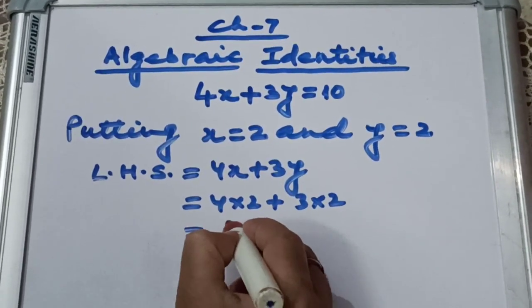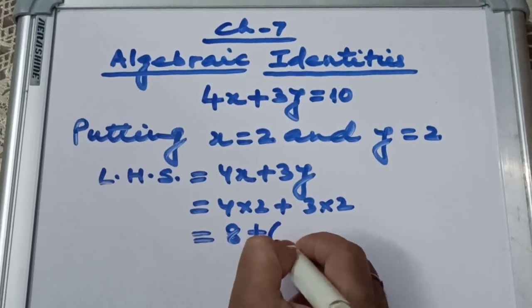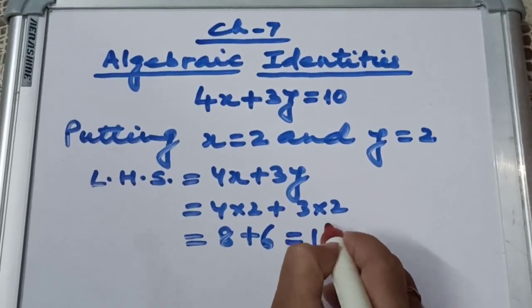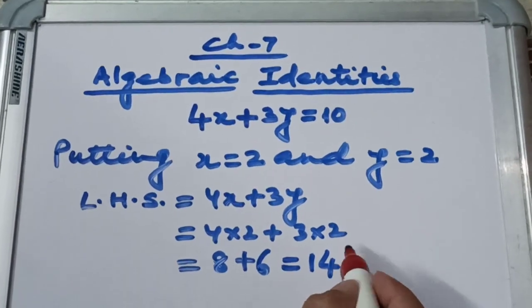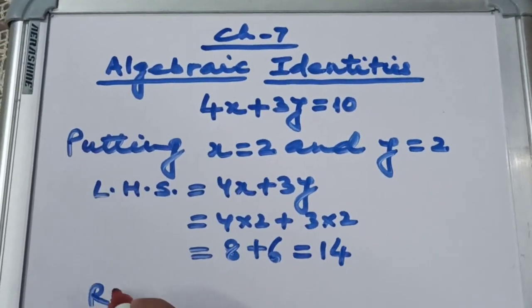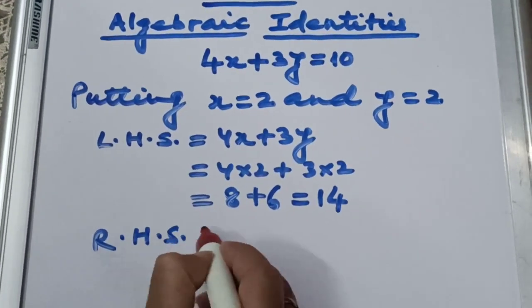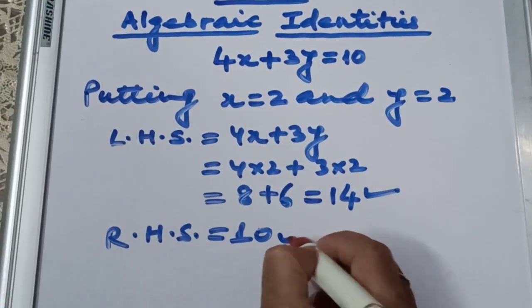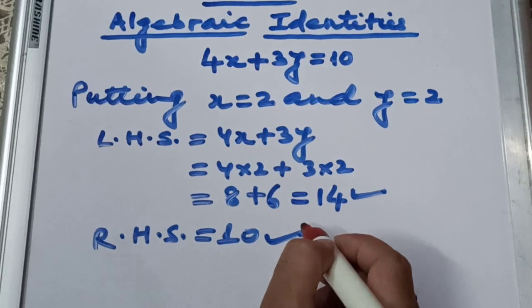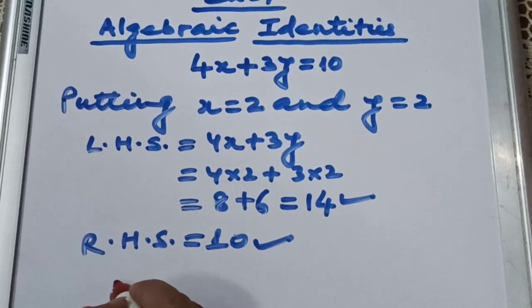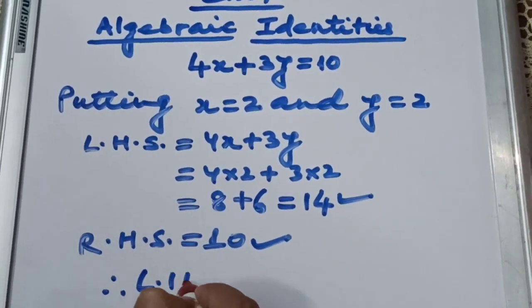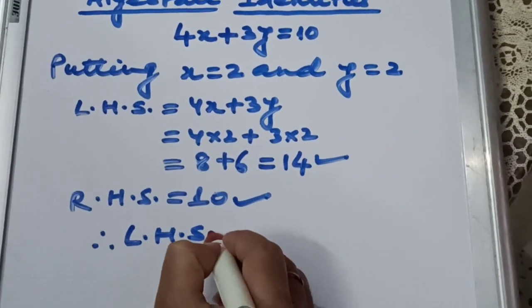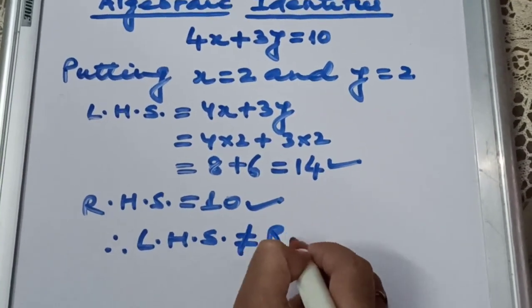After multiplication we get 14. But RHS is 10. 14 and 10 are not equal to each other. Then we can write LHS is not equal to RHS.